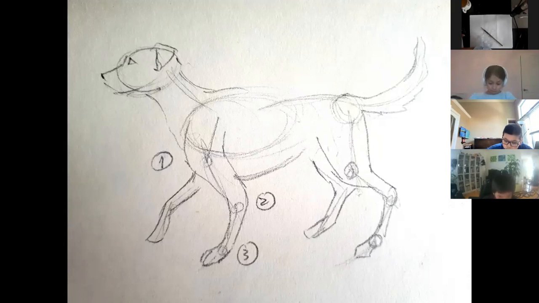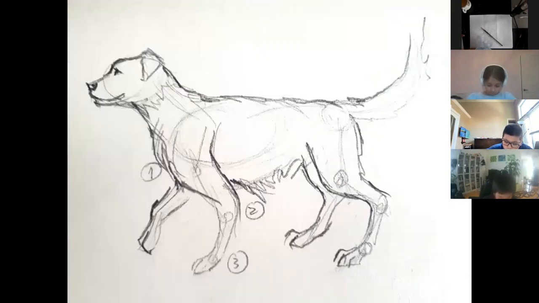All right, so next step we're using some contours, outlines to make this dog look more like a dog. Like we enhance the nostril, we enhance the forehead, we enhance the jaw, some of the paws, and as we can see, the dog is getting more and more real, more and more alive by adding more details.